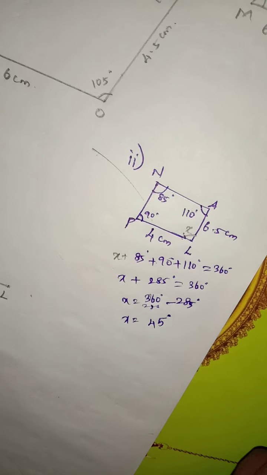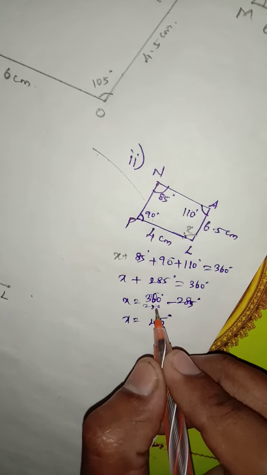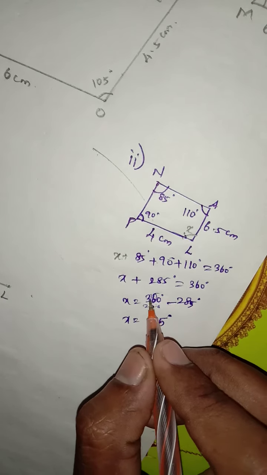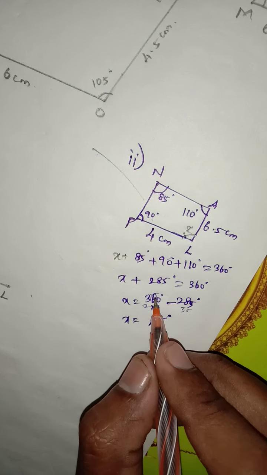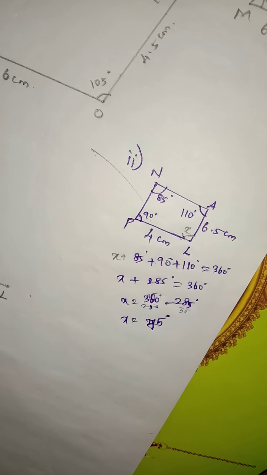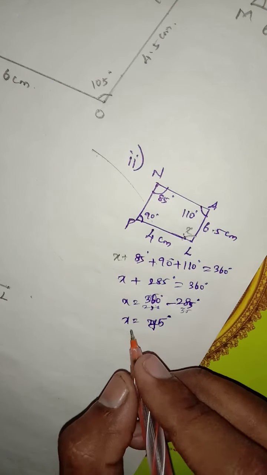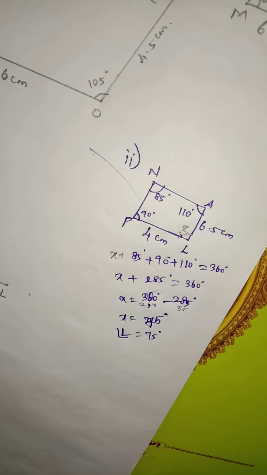Is this correct? No, wrong. Borrowing, it is 75 degree. So that is angle L equal to 75 degree.